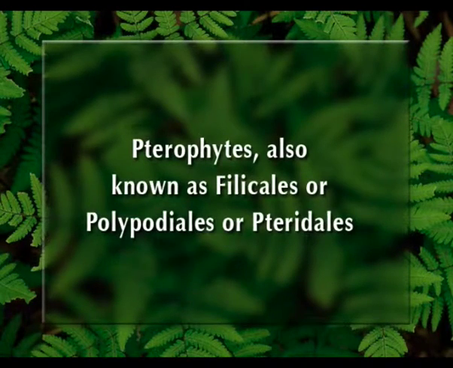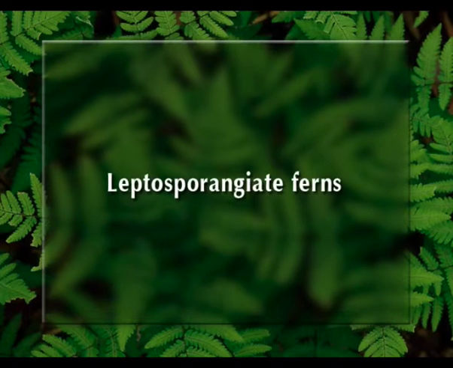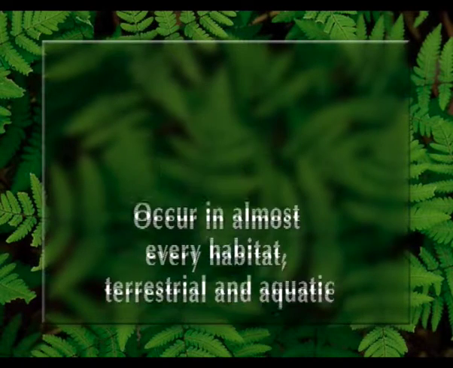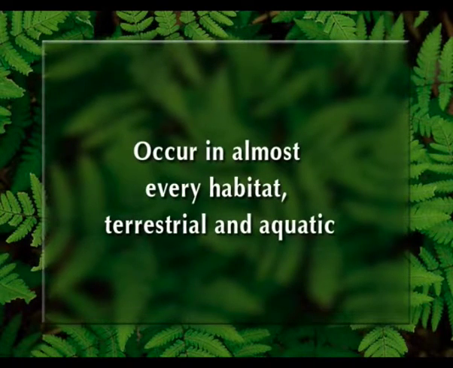Pteridophytes, also known as Filicales, Polypodiales, or as some call them Pteridales, refer to a group that we commonly call Leptosporangiate ferns. The group contains the greatest diversity, with about 11,000 living species at present. These pteridophytes occur in almost every habitat, whether terrestrial or aquatic.